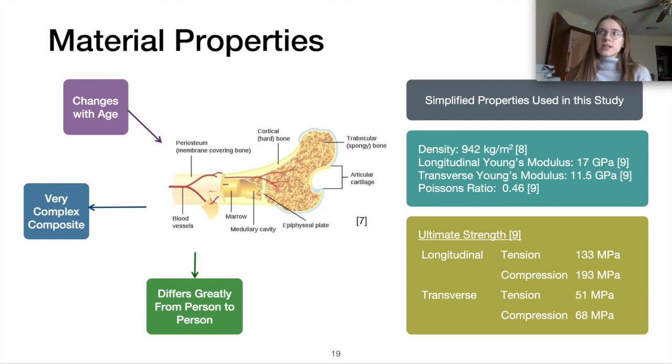There's a huge range. I looked through a lot of different literature, a lot of different reports, and it's not that clear cut because the way that you test the bone in a lab can differ a lot. So also from the same paper where I got the modulus of elasticity, those are some of the ultimate strengths of cortical bone.